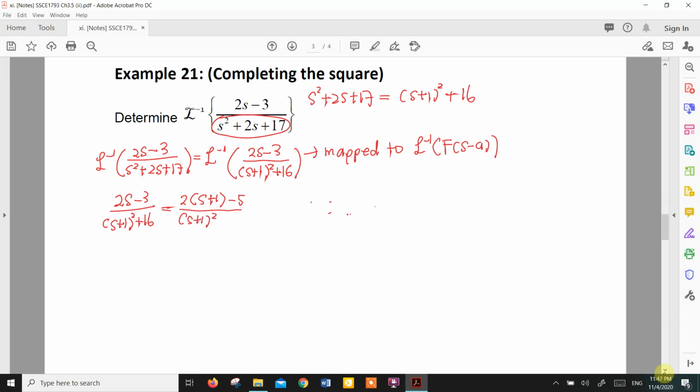So it is equal to the inverse Laplace of (2(s plus 1) minus 5) over ((s plus 1) square plus 16).